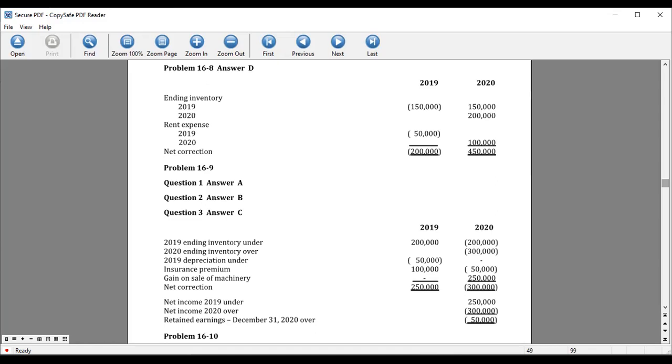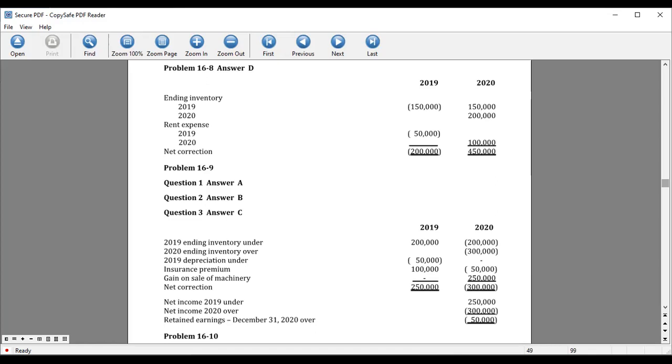So the entry is supposed to be debit to cash, then we debit accumulated depreciation and credit machinery. So you have to credit machinery for 250,000, and you have to debit accumulated depreciation.